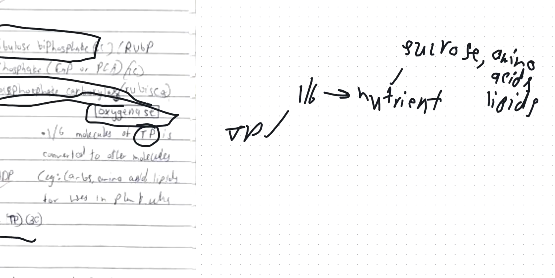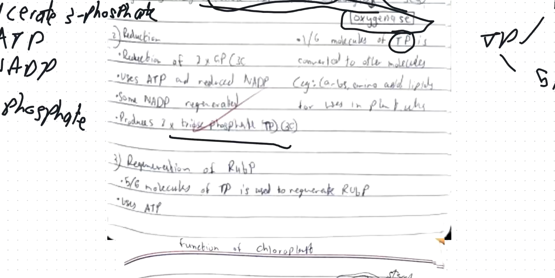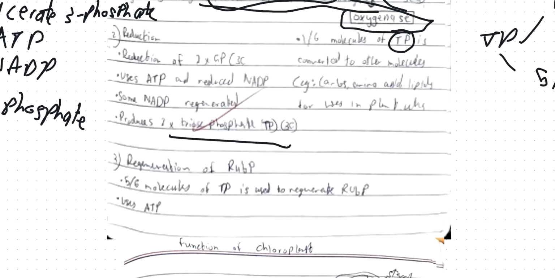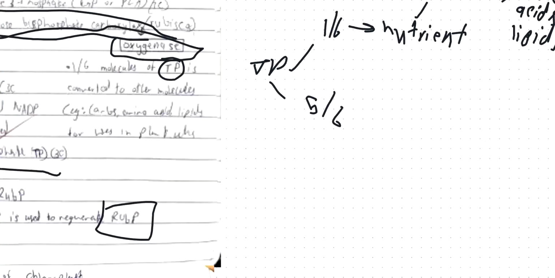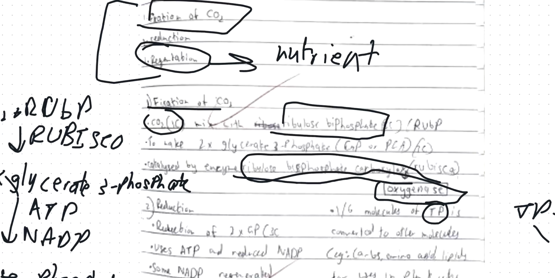And the rest, 5/6 of this triose phosphate, is used to regenerate ribulose biphosphate, which will be used in the very first step.